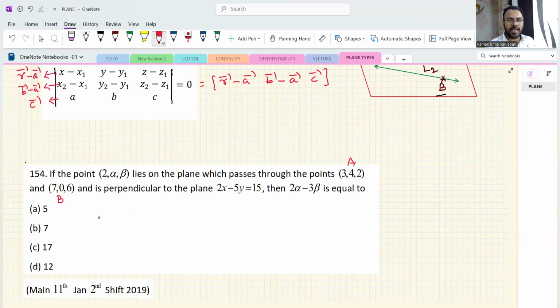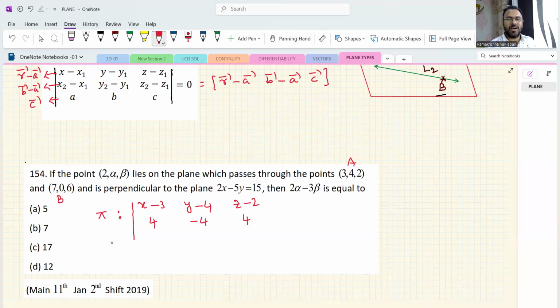Now the plane equation is given by the determinant directly: x minus 3, y minus 4, z minus 2. Now x2 minus x1, subtract A's coordinates from B's coordinates: 4, minus 4, and 4.